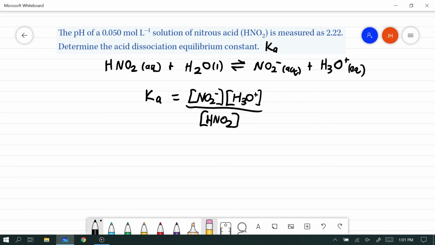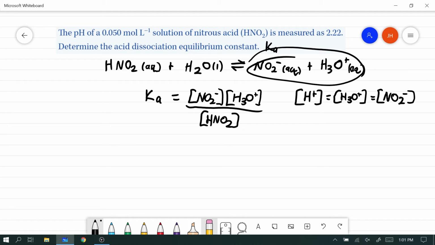Now, there are two things to keep in mind. Concentration of hydrogen ions is going to be the same as the concentration of hydronium, which is also going to be the same as the concentration of the nitrite, the NO2 minus. And we know this because we're reacting and producing our ions in a 1-to-1 ratio.